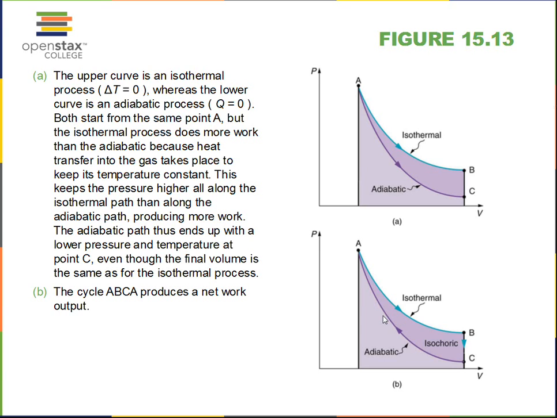And speaking of the adiabatic, what would the work be here? Well, we know delta U is equal to Q minus W. On the adiabatic, the Q is equal to 0. So the change in the internal energy is equal to the negative of the work. So here we're compressing actually on this adiabatic. So the work is going to be a negative number.